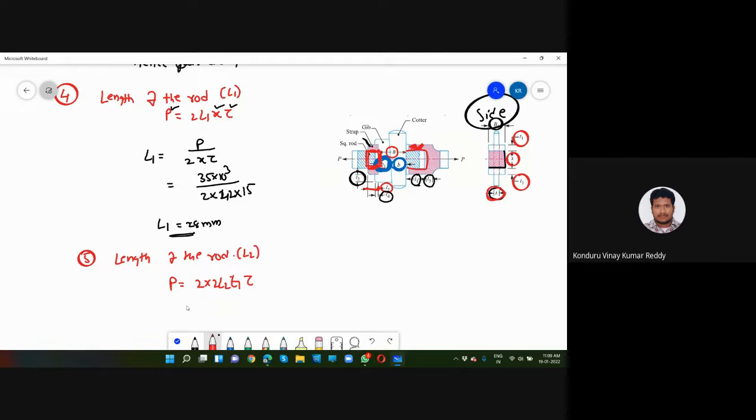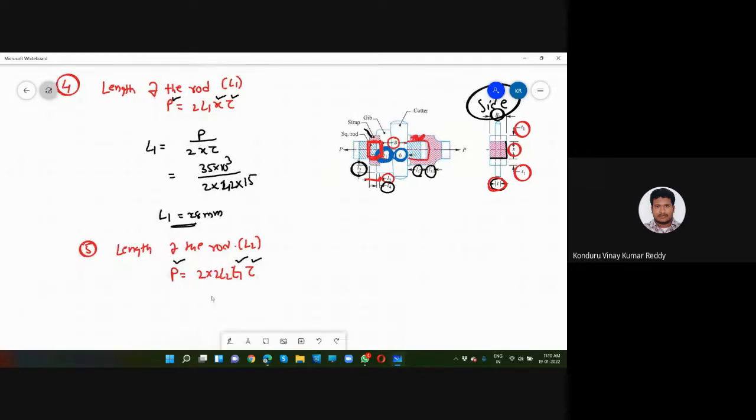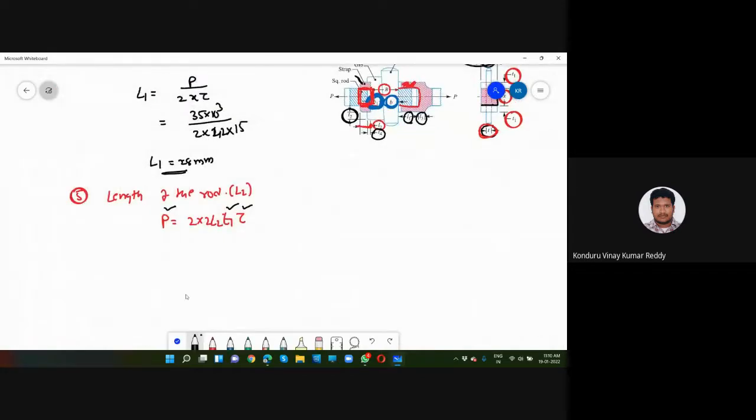P we already know, T1 we already know, and the shear stress we already know. L2 is the value we have to find out. Thereby just find out your answer.